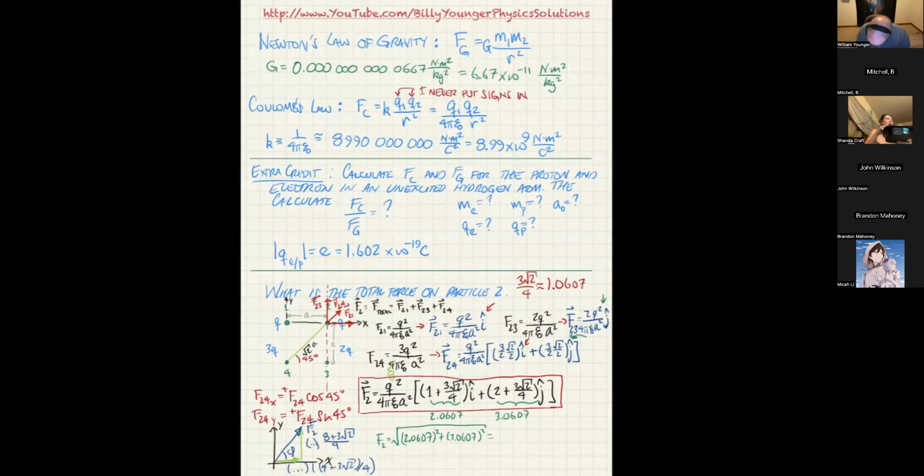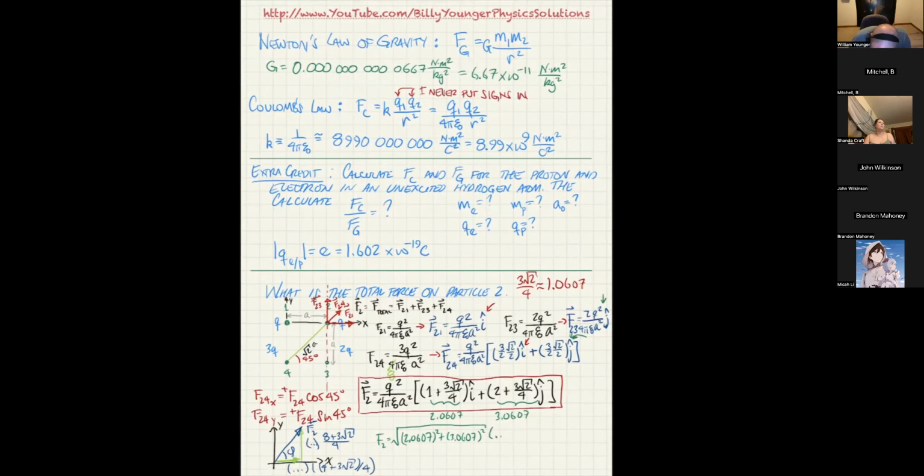And that's going to give me, oops, 3.0607. I'm going to square that sucker. So that gives me the square root of, oh, and I should say, let me do something real quick with this, lest y'all catch me.